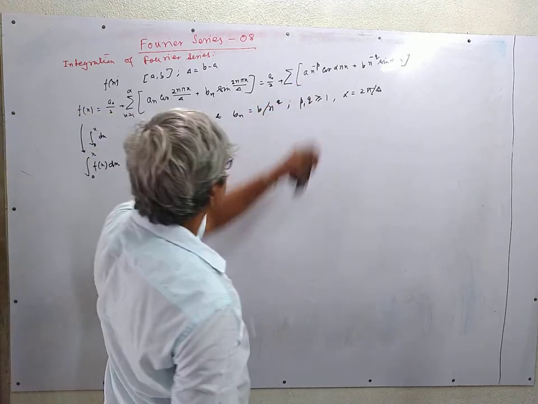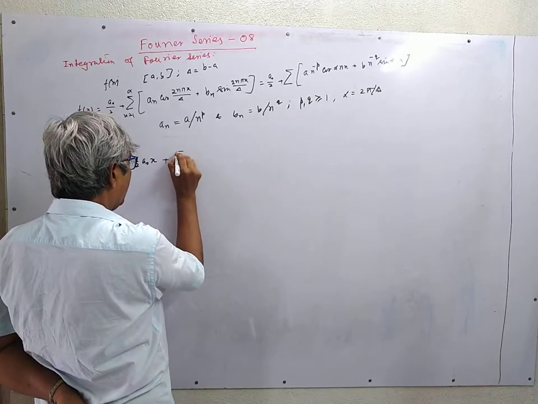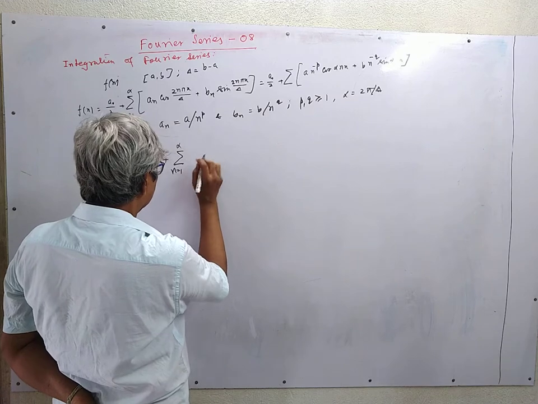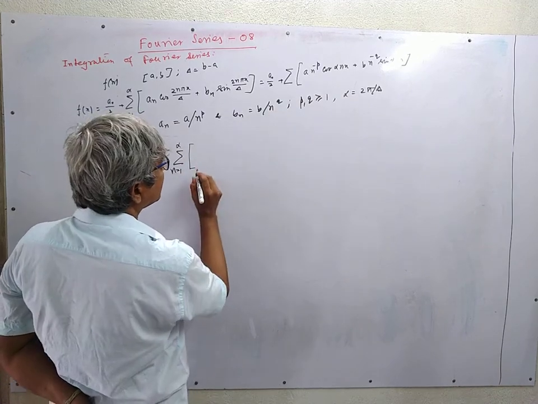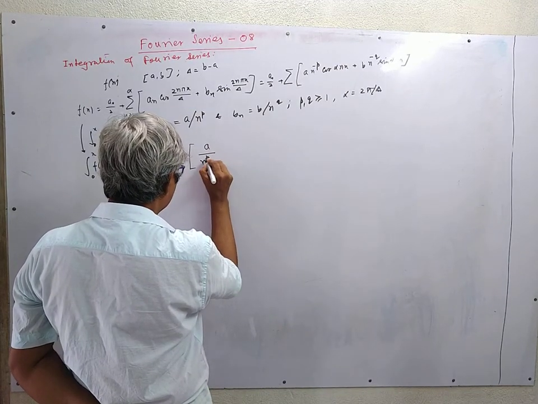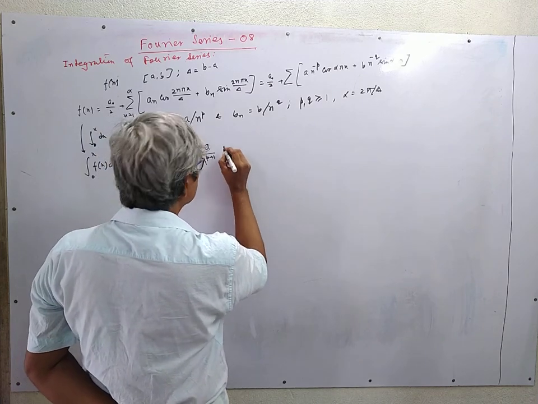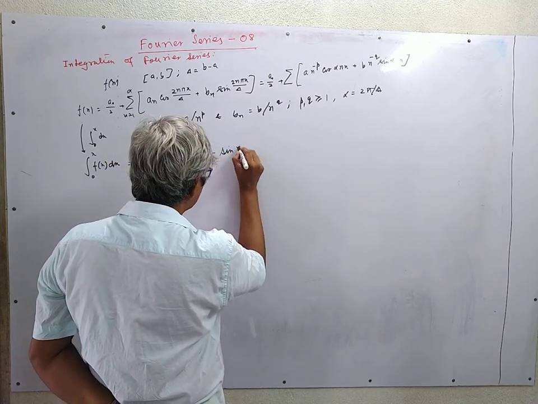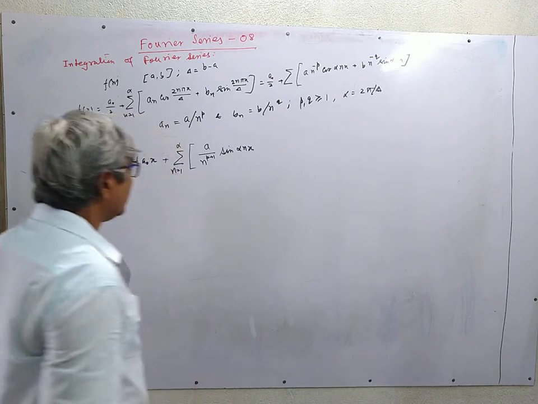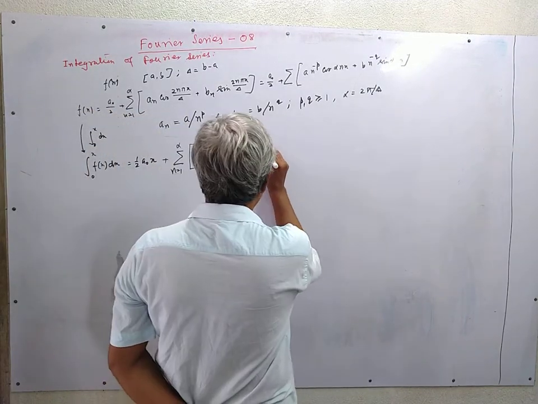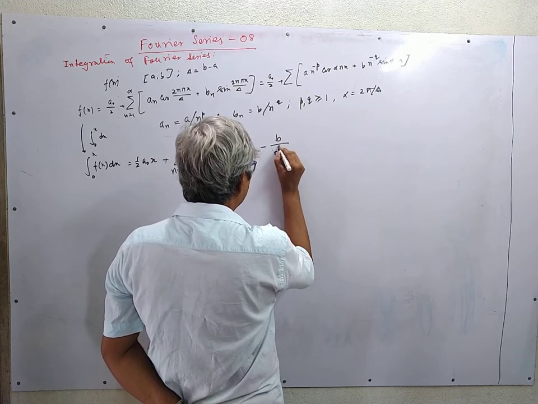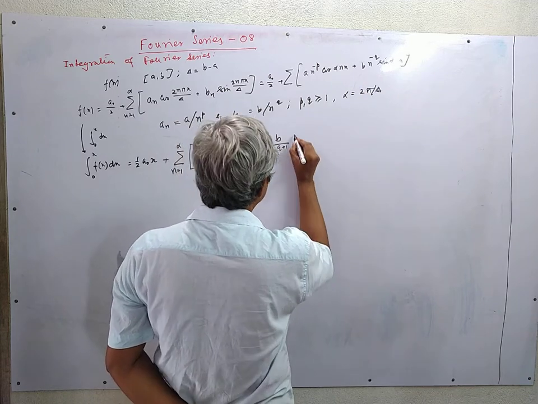And now coming to this term, we will have the integration of this term, and then we will have minus b by n to the power q plus 1, and we will have the sine term.